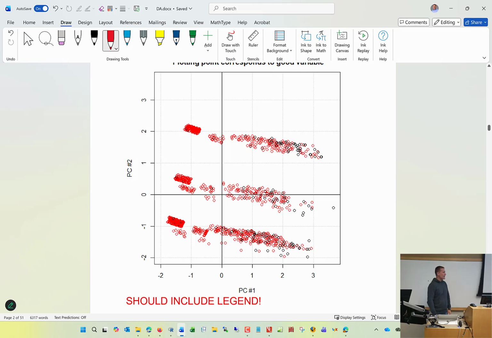I should have included a legend. I don't know why I didn't. The red is the successful place kicks. The black is the failed place kicks.